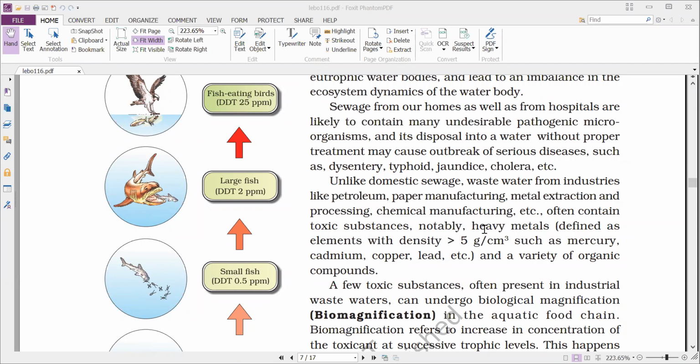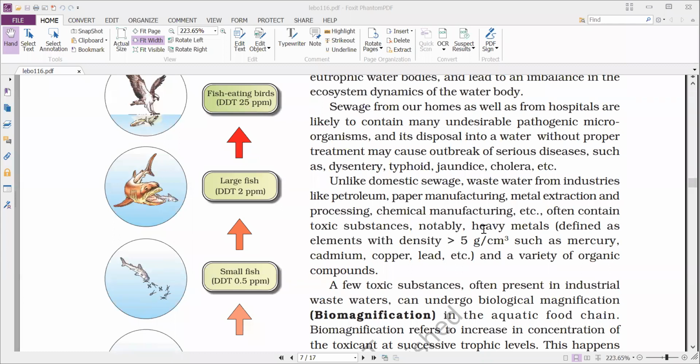Another reason not to release sewage water directly into nearby water bodies is that this sewage comes from homes or hospitals, and we don't know who has which disease. If any person has a disease, the domestic water coming from that house will join the sewage water finally, and that water is directly added to the nearby water body, which means we are adding that pathogenic organism.